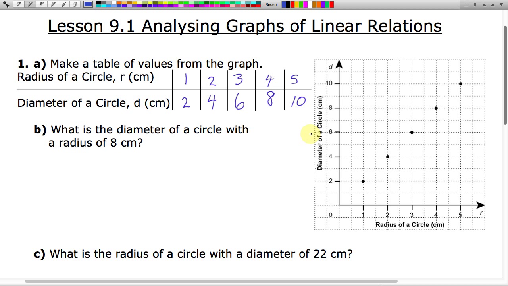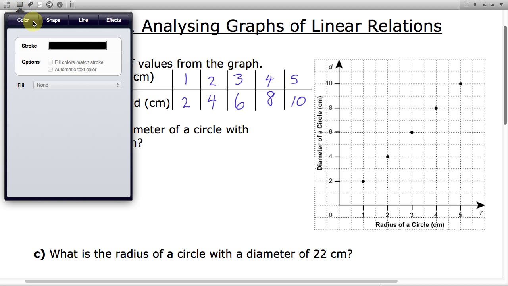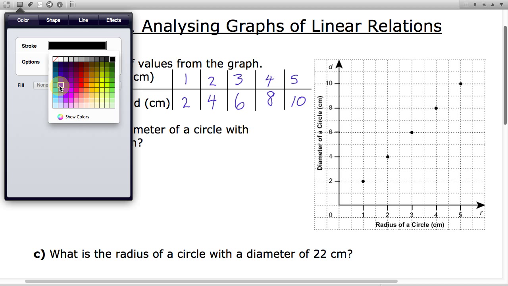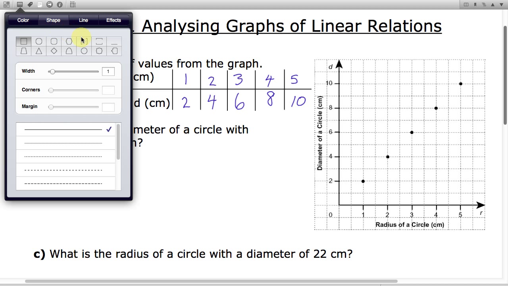Now, even if you didn't know that, the next question is, what is the diameter of a circle with a radius of 8 centimeters? So one thing that you could do is you could draw a line, and I'm just going to do a nice blue line here, and make sure that it's got a little bit more thickness to it.